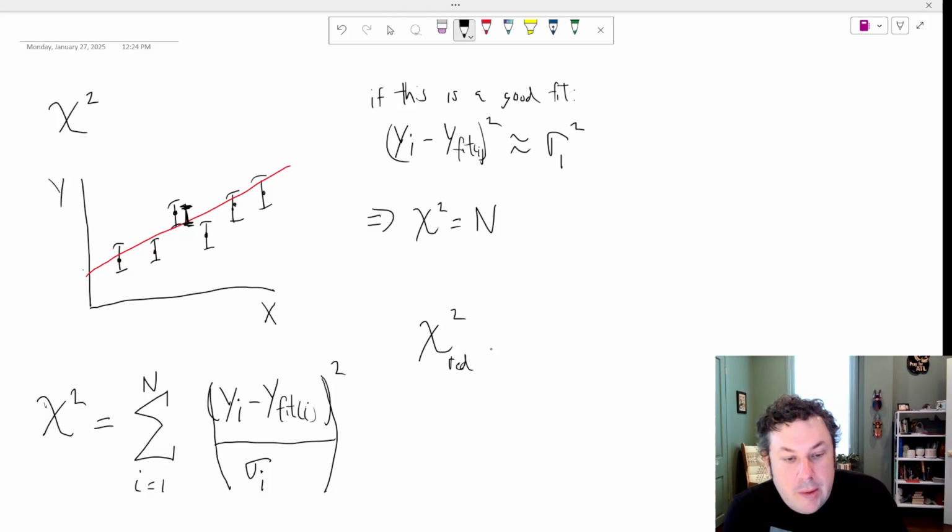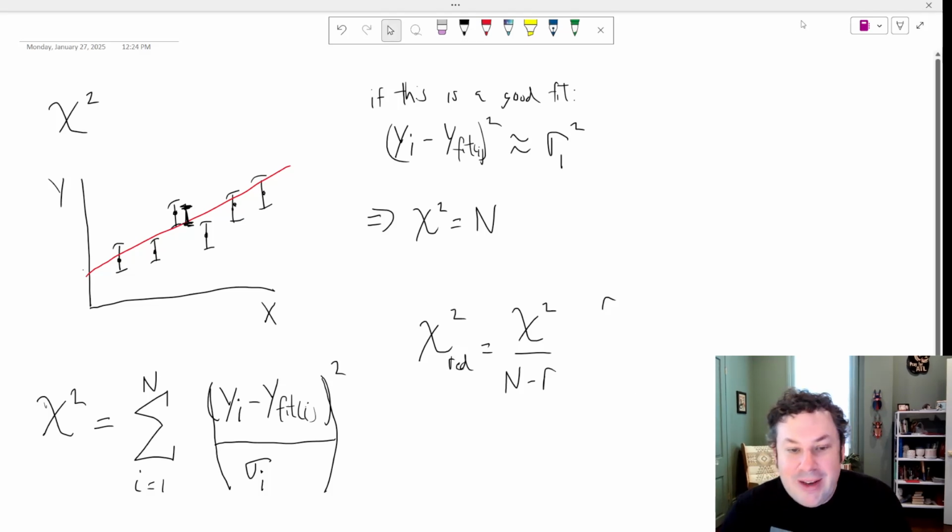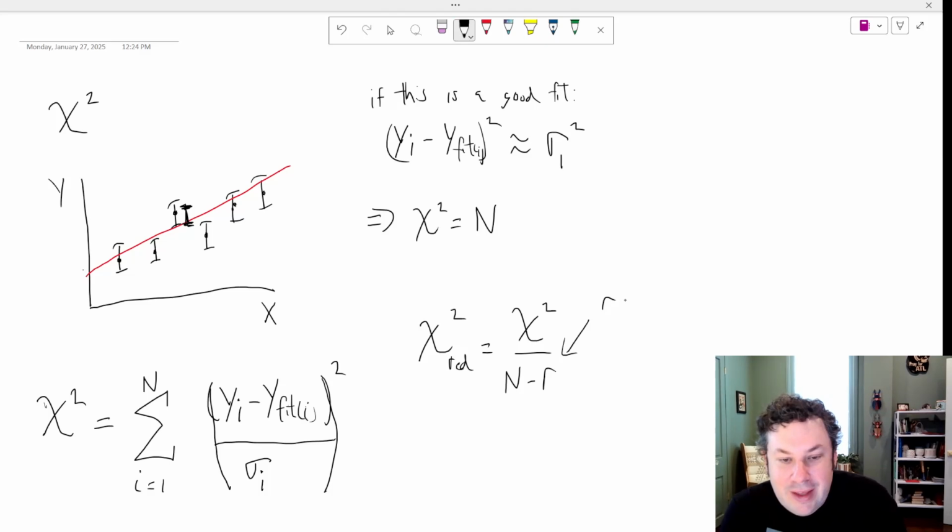Maybe that's what I'll use for this today, just so that it doesn't look like an average. Reduced chi-square is actually going to equal chi-square divided by n minus R. R is the number of fitting parameters.